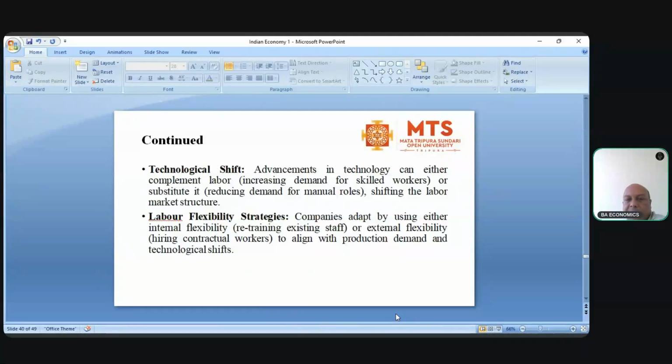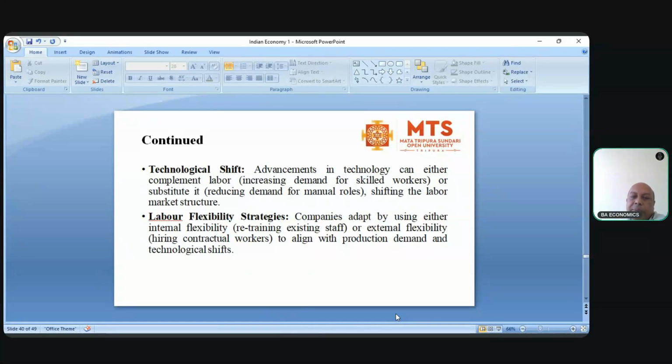Labor flexibility strategy. Producers also introduce new policies for reducing or increasing demand for workers. Many times a producer may internally change the workers.